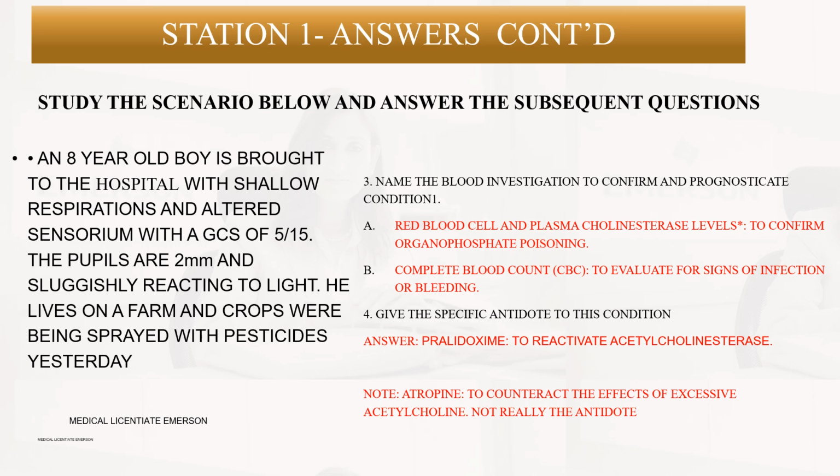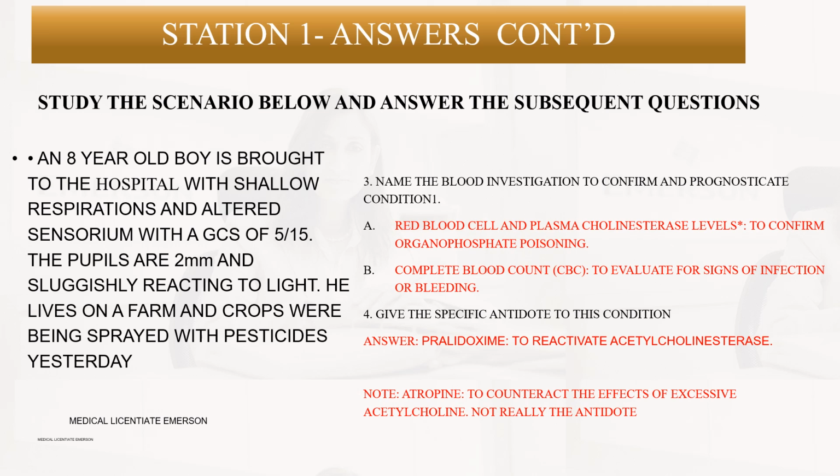Then question 4 is saying give the specific antidote to this condition. So the answer for this question is pralidoxime, which is an oxime, and what it does is that it reactivates the acetylcholinesterase enzyme. But you have to note that atropine is used to counteract the effects of the excessive acetylcholine, and it's not really the antidote.